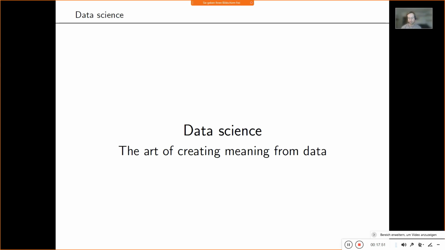Mathematicians can think about ways to analyze data, but they then often shy a little bit away from actually doing that. And of course, data scientists try to do the whole thing.